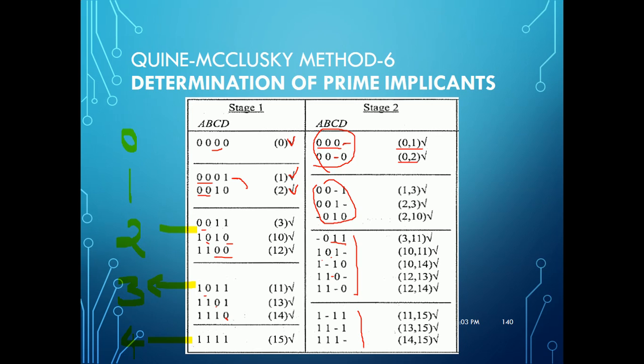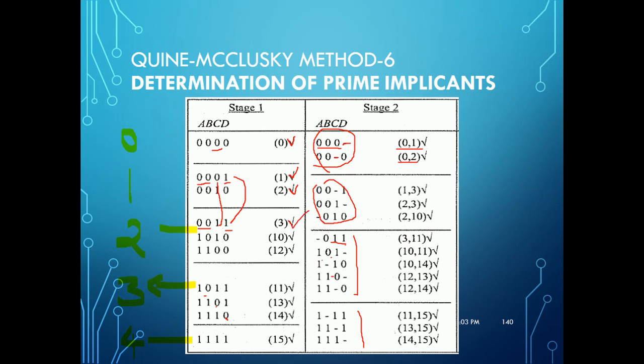So you go for the next term, 1 matching with 3. Try to see whether 1 matches with 3. Your terms 0 0 are matching, and 1 is also matching with this one, and 0 changes to 1, so that's what we have written here.